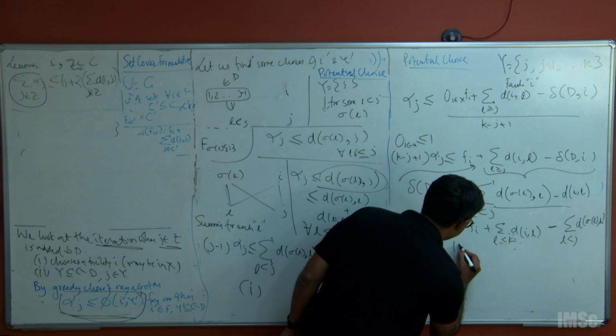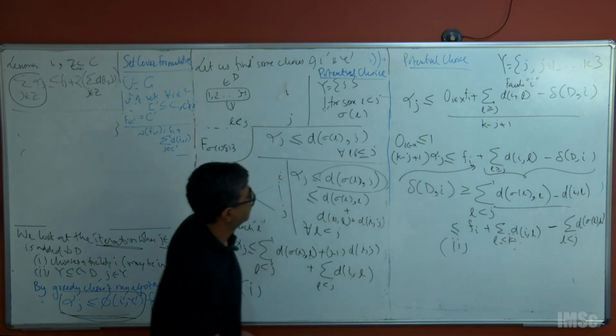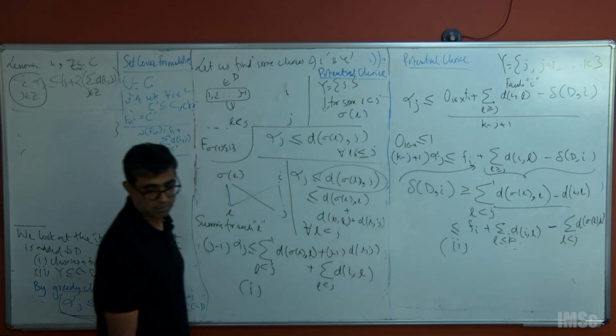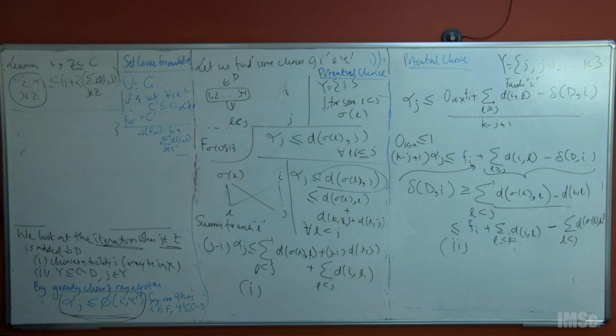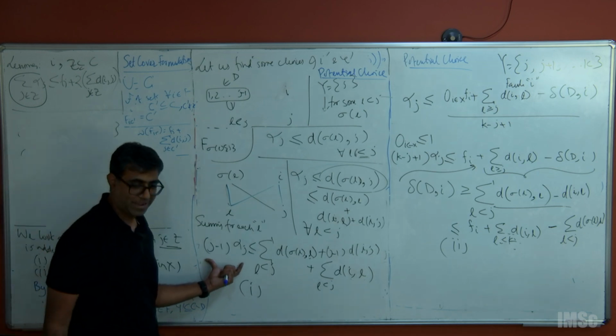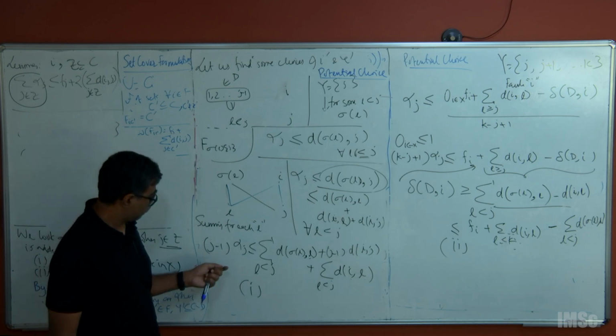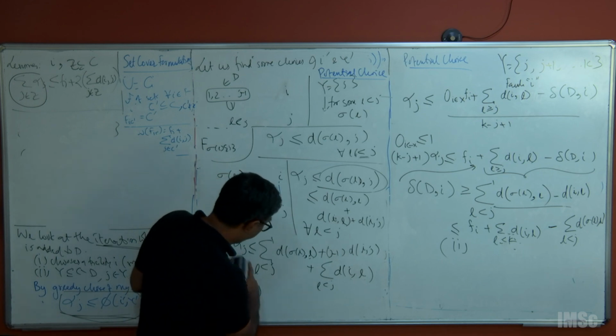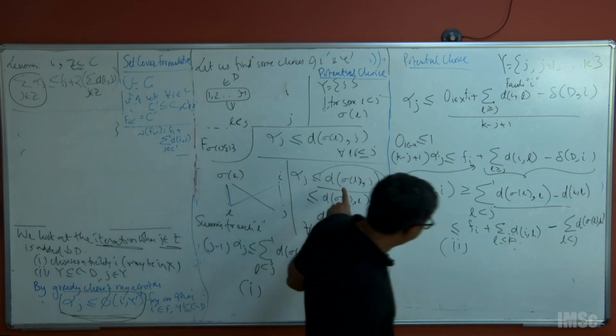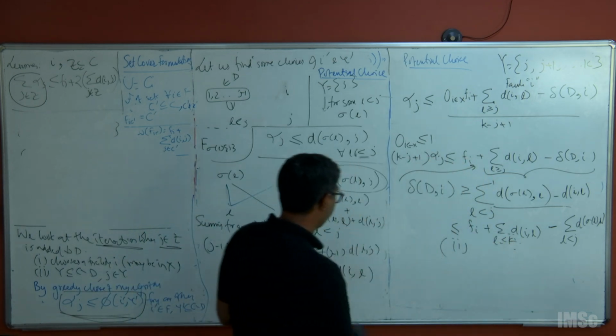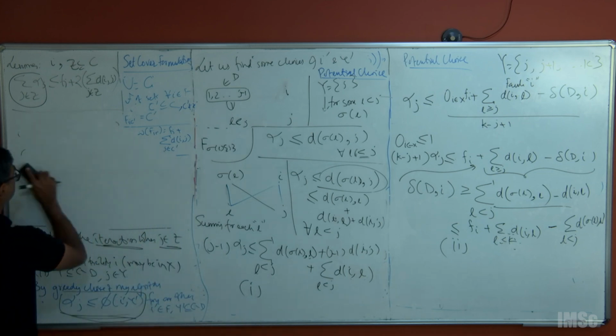This is my second set of inequalities that I got. So all this is about upper bounding alpha j. Alpha j is bounded like this, and alpha j is bounded like this. So if I sum 1 and 2, what will I get?